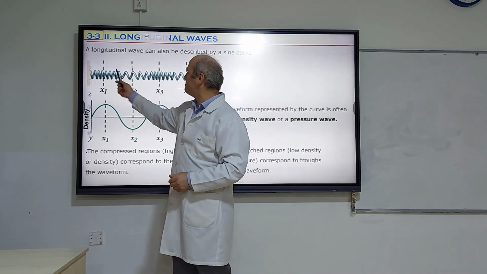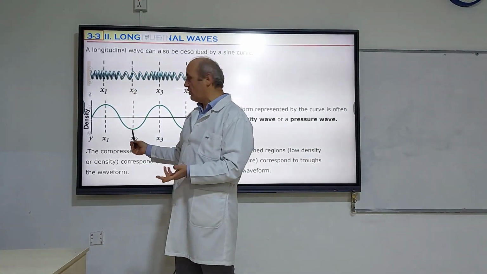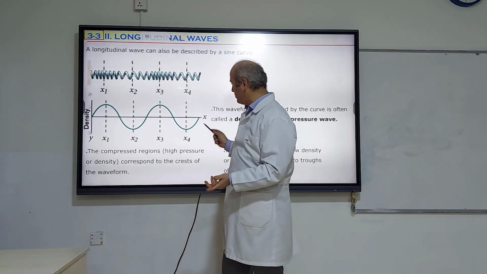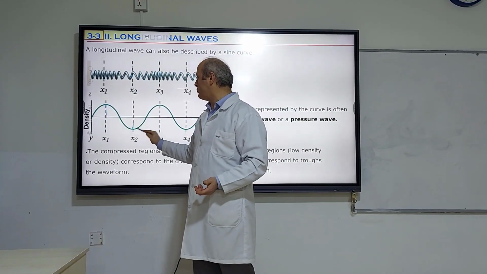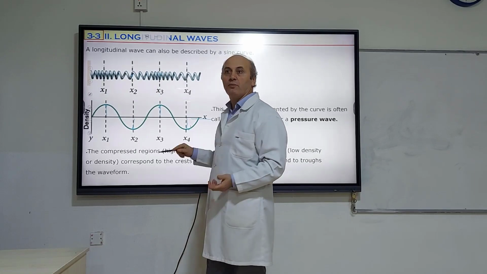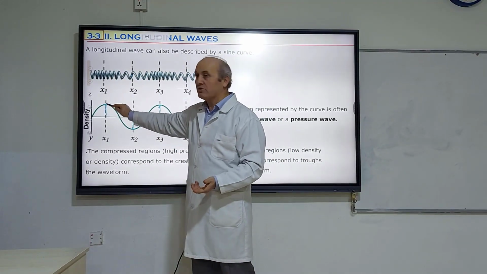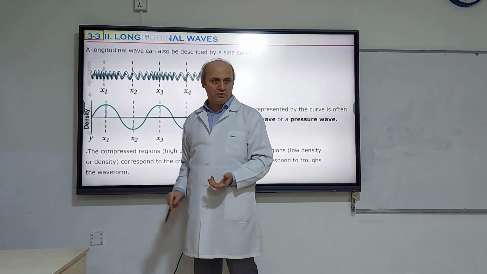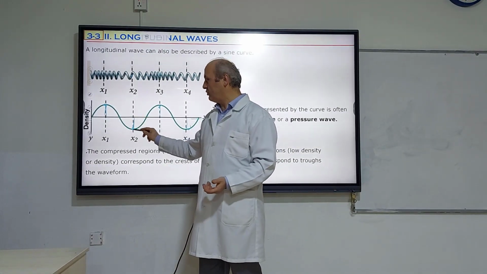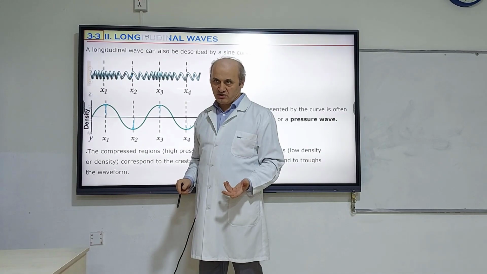But between two compressions, there is the lowest pressure, below the normal pressure. This line is normal pressure. So higher than normal, lower than normal, higher than normal, lower than normal. Higher than normal represents compression. Lower than normal represents a stretch region.